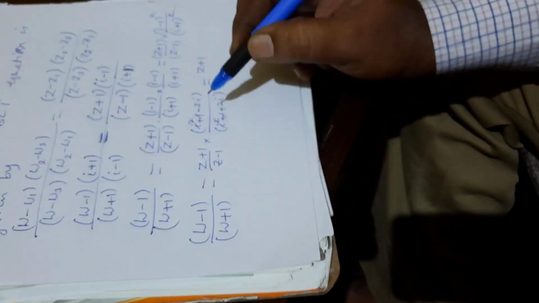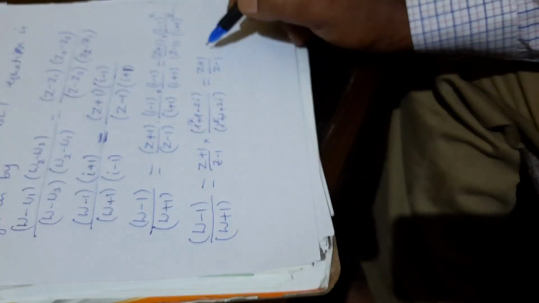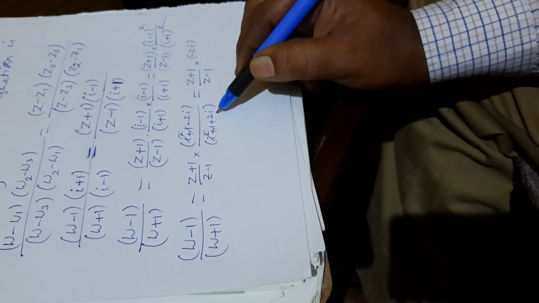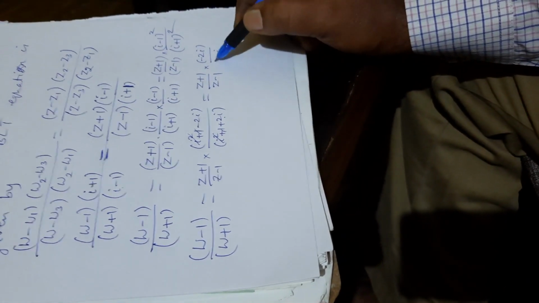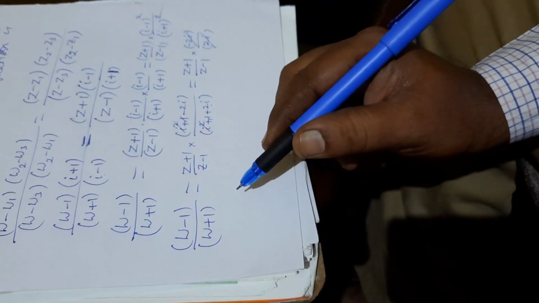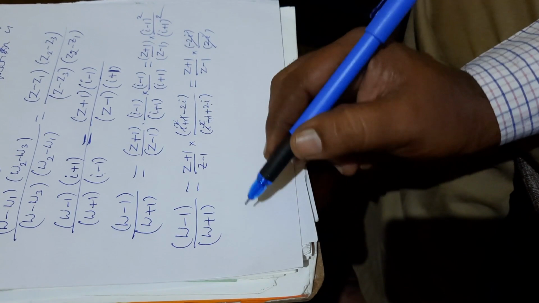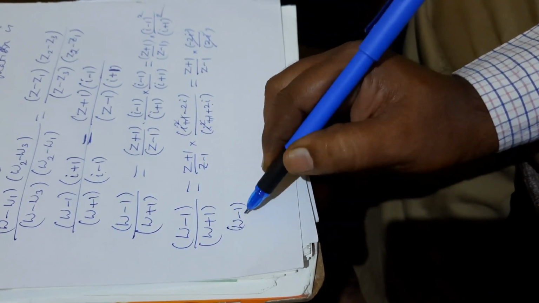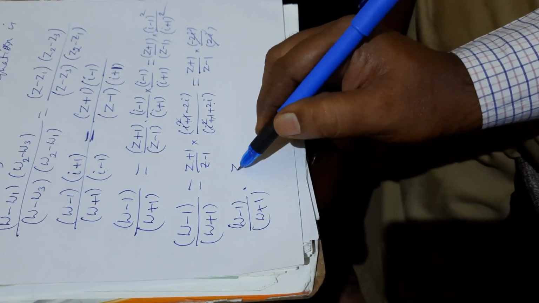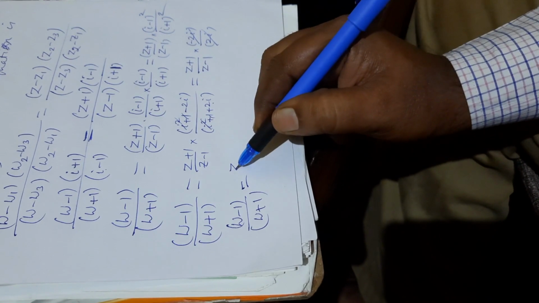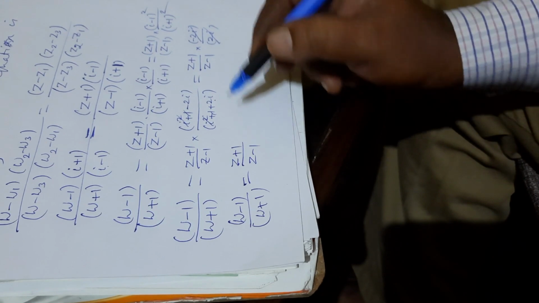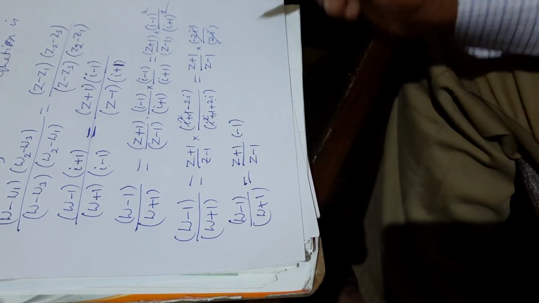The remaining term is z plus 1 divided by z minus 1 into minus 2i divided by 2i. This 2i gets cancelled. Only minus 1 remains. This equals z plus 1 divided by z minus 1, here minus 1, right? Minus 1.